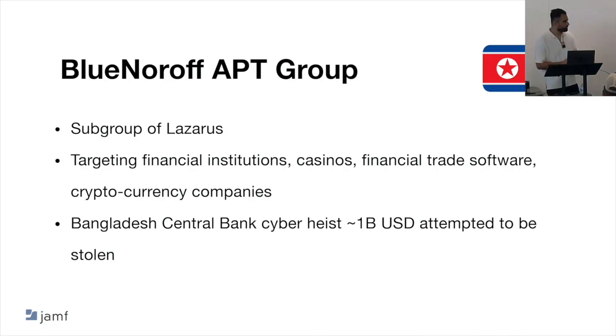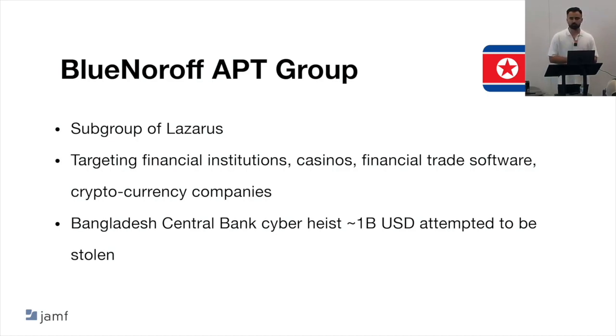So also, it's important to touch on BlueNoroff, since a lot of the attacks we'll be covering, like RustBucket and JokerSpy, have been attributed to BlueNoroff. I like to think of BlueNoroff as a subgroup of Lazarus, and they're primarily focused on going after financial assets and cryptocurrency exchanges and stealing crypto wallets in order to fund the North Korean regime.